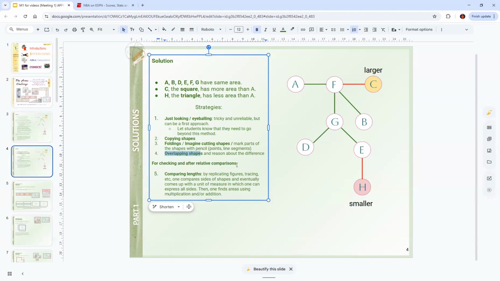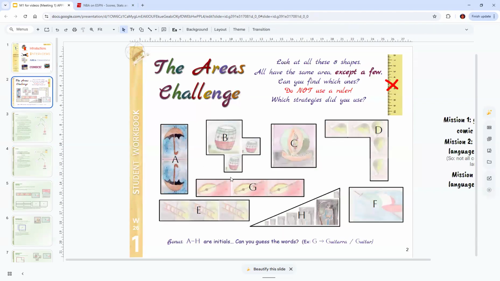After the relative comparisons, if you have time, they could compare lengths. It's kind of inventing a natural ruler. They replicate the figures, trace, and compare just the sides of the shapes to get a kind of unit of measurement. For example, this could be a 1 or a 2. And if this is a 2, maybe this is a 3, and so on.